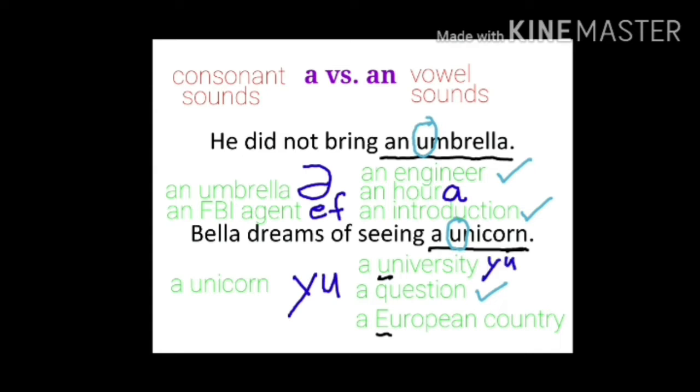University starts with a U sound, and European also starts with a U sound. Okay, so that is for vowel sounds and consonant sounds. Again, vowel sounds would use the article an, and consonant sounds would use the article a.